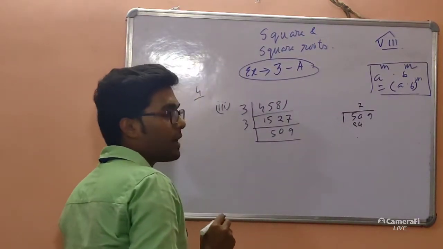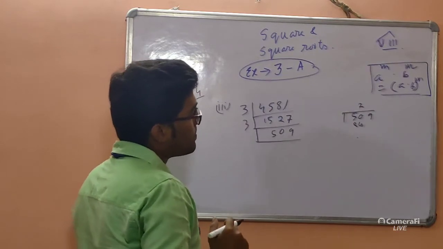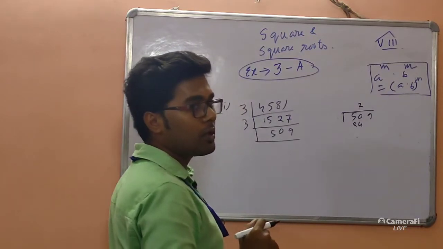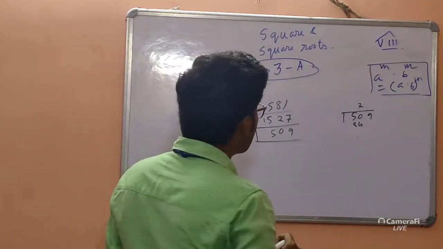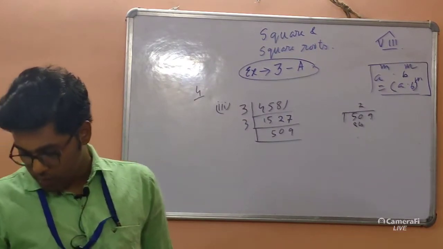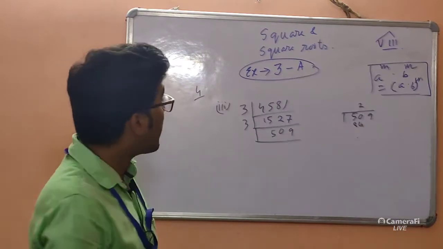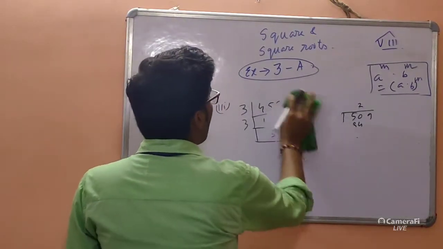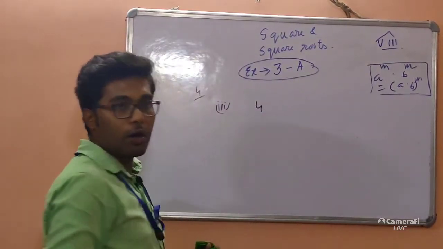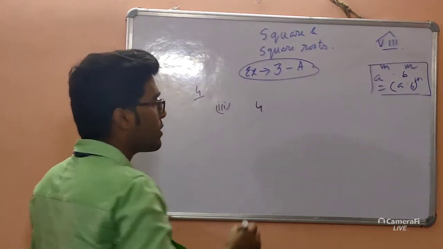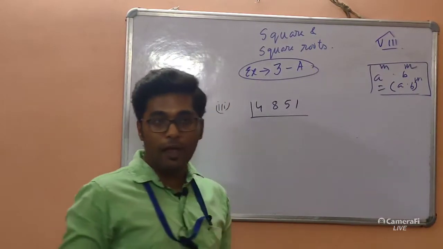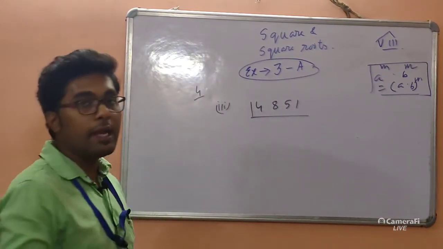Is it divisible by 23? So what number do we have? It's a different number. Oh, the question was 4851. I was doing 4581. That is why I have been checking why it is not coming. So the question is 4851.